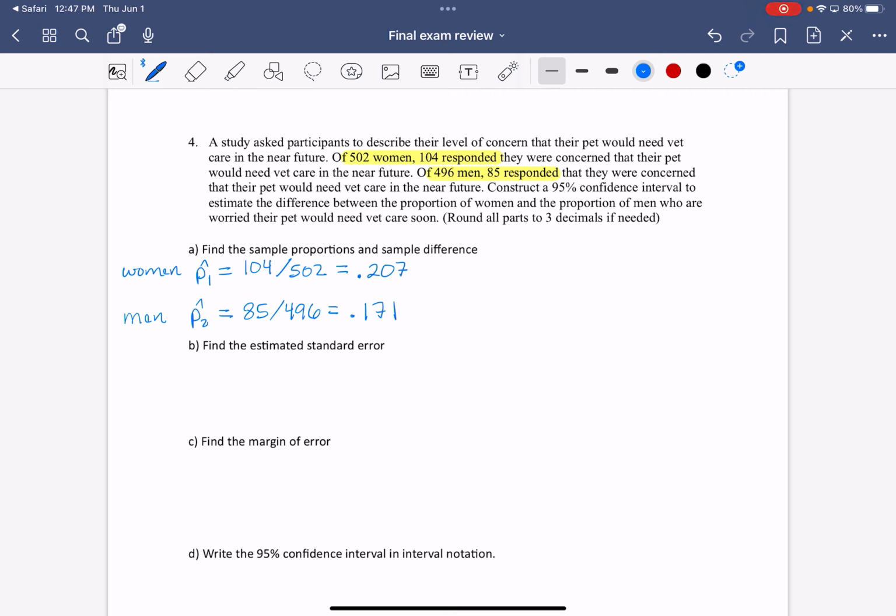And then remind me, we need to find the sample difference. What is that asking us to do? Subtract those values. Good. So P1 hat minus P2 hat. 0.207 minus 0.171. That'll be 0.036.